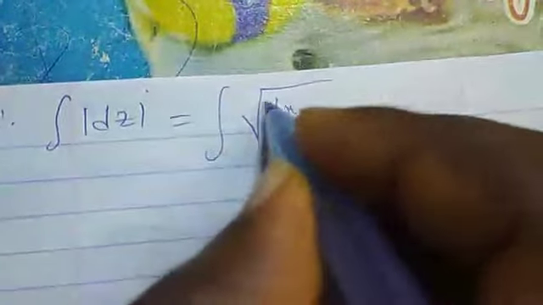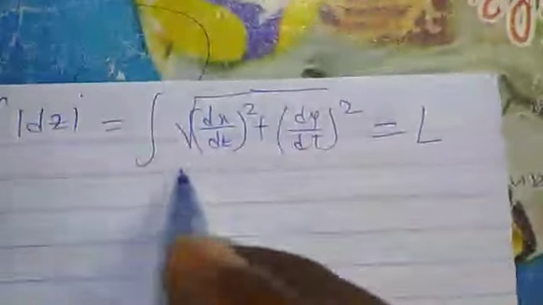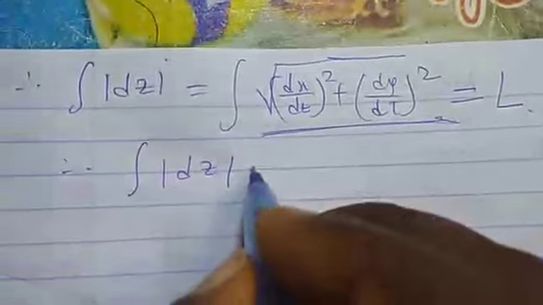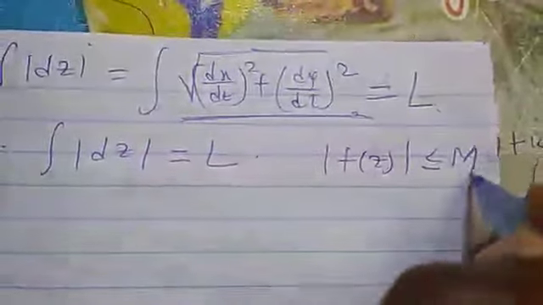Therefore, our integral of absolute value of dz would now be equal to the integral of square root of dx over dt all squared plus dy over dt all squared, dt, and this one we have seen that it is L. Therefore, our integral of absolute value of dz is equal to L. Also, we have seen that absolute value of f of z is less than or equal to M, from the theorem.